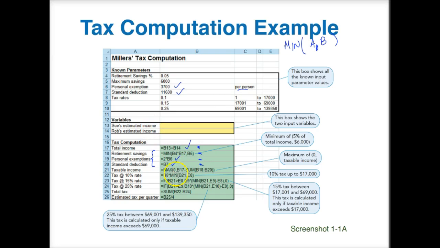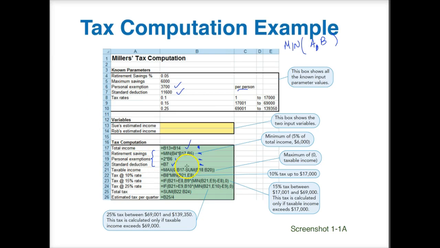Okay. Now we want the maximum value between 0 and whatever the difference is between total income minus all of these savings, personal, and standard deduction exemptions that we have.